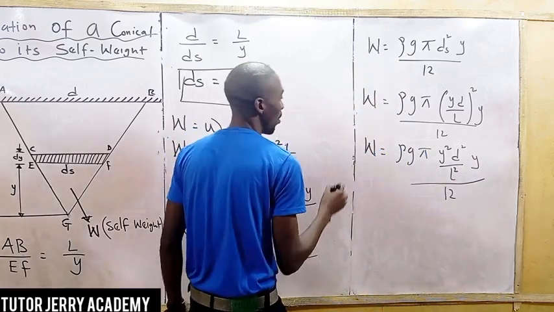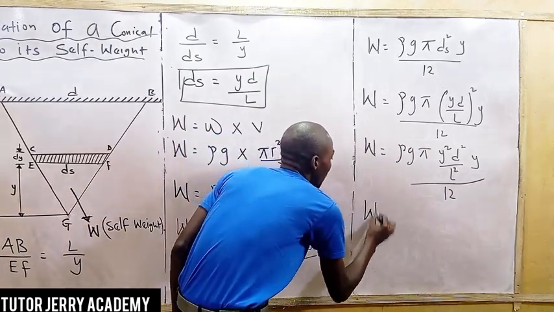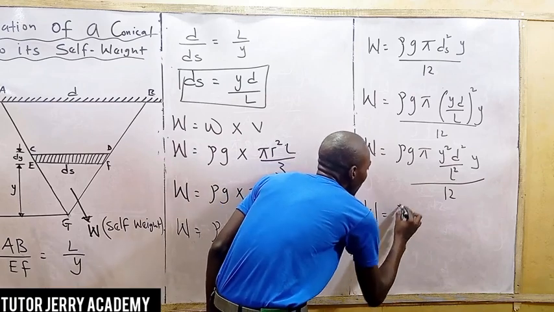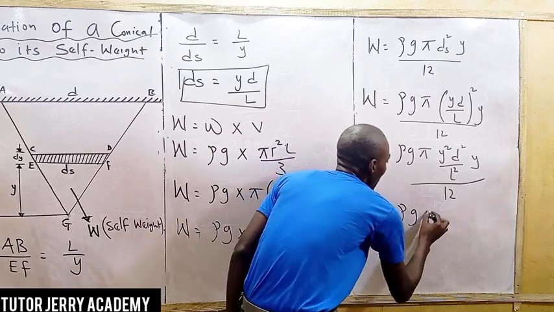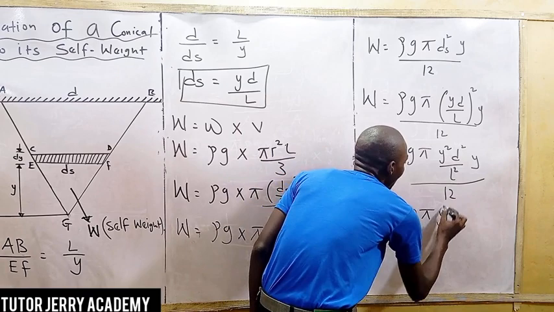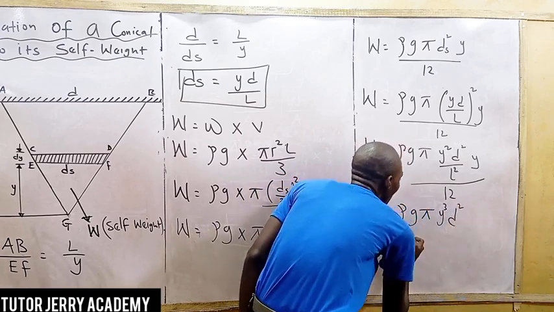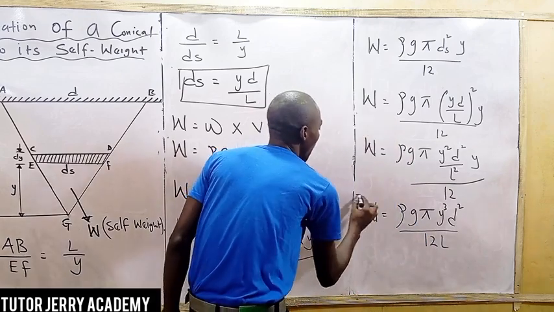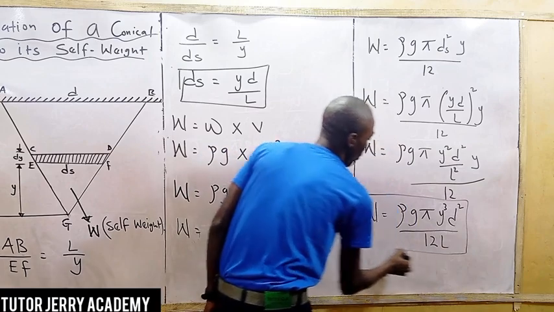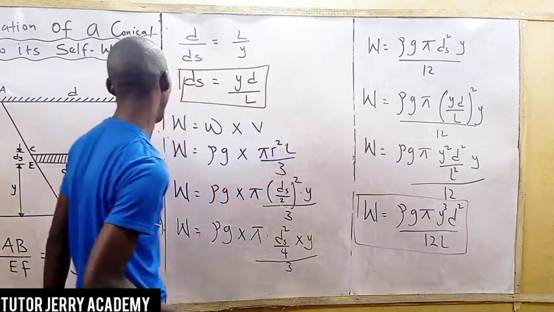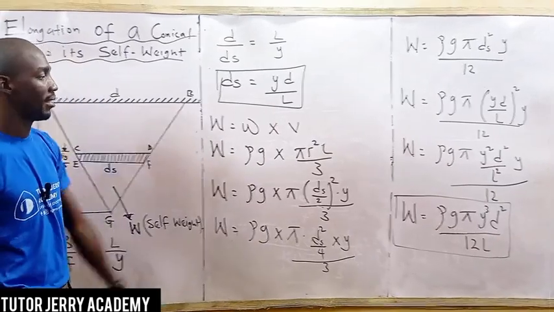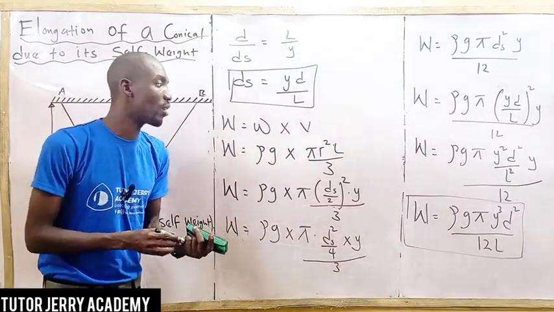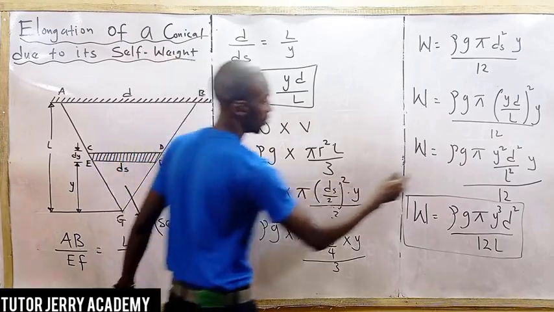Finally, we can write our self weight as density, gravity, pi, y cubed D squared over 12 L squared, which is the self weight of this conical bar. Sorry, this is supposed to be L squared.